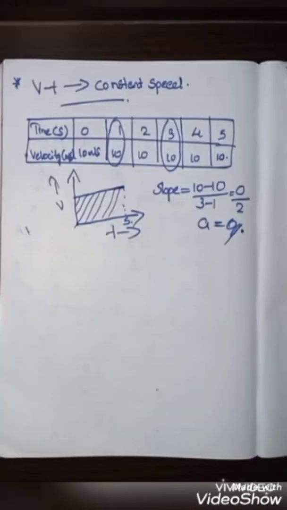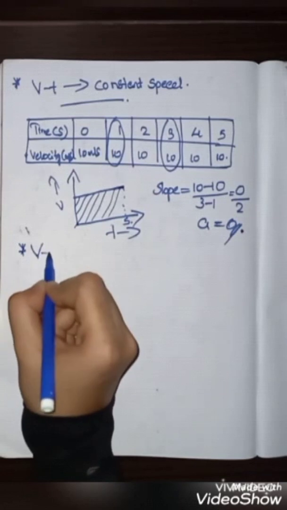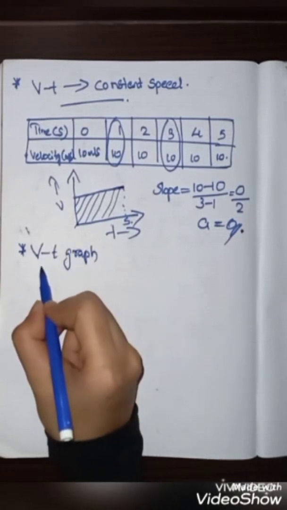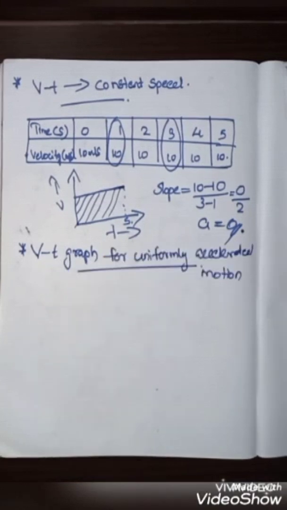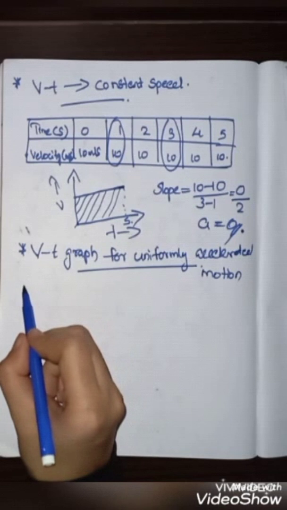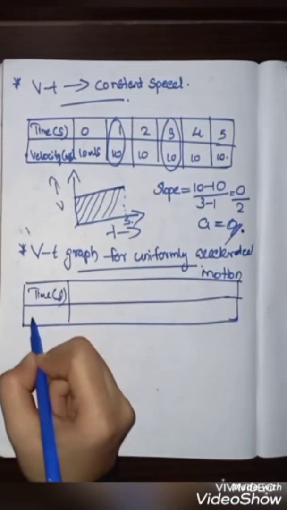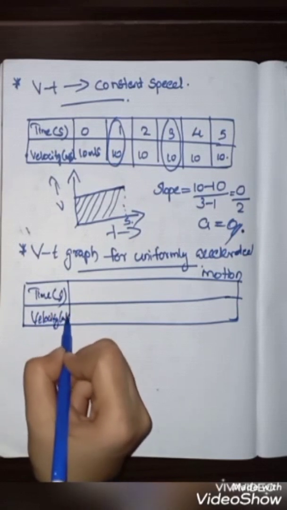Move on to the next type, that is the velocity time graph for uniformly accelerated motion. Here there is data given. We can draw the graph based on this data: the time in seconds and the velocity in meter per second.